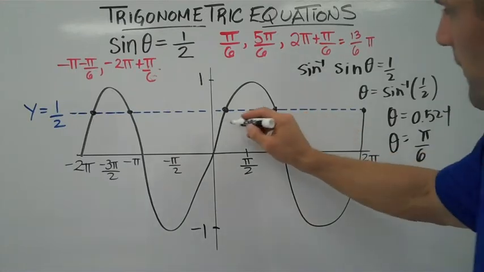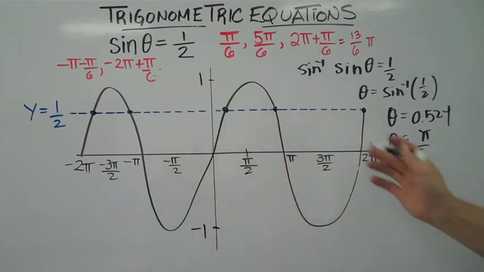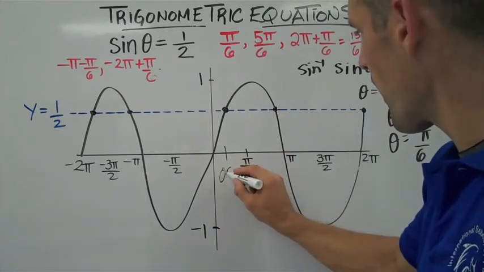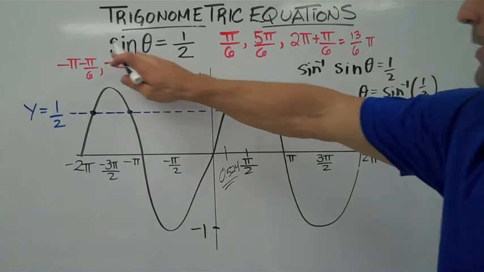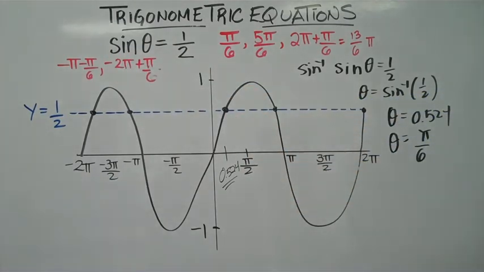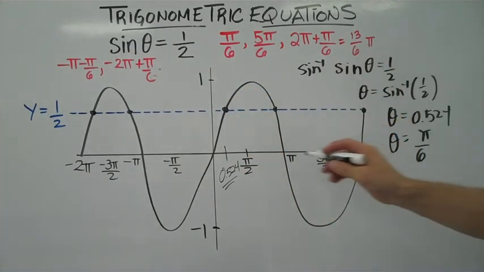So here is our, where does sine theta equal 1/2? At pi over 6, or 0.524. That's in radians. Well, because our graph is cyclic, that's going to repeat every 2 pi, because we're dealing with the parent function sine theta. So every 2 pi, that's going to be repeated.